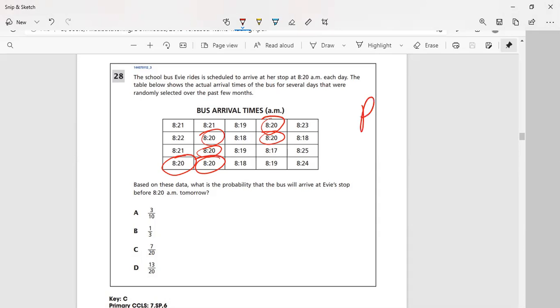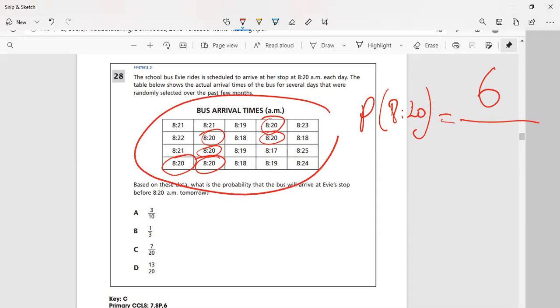So the probability we'll get there at 8:20 is 6 out of how many in total? Okay, so this is 1, 2, 3, 4, and 1, 2, 3, 4, 5. This is a 4 by 5 table, so 4 times 5 is 20. So based on the data that was collected, the bus got there at 8:20 six times out of 20 times.